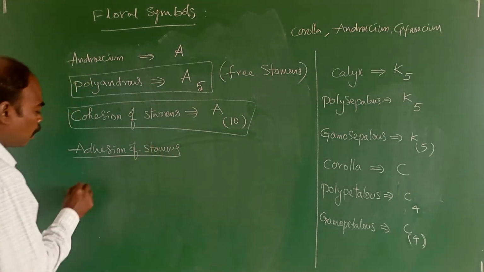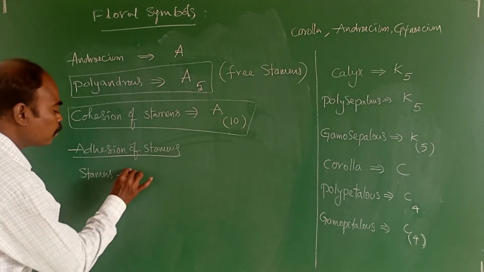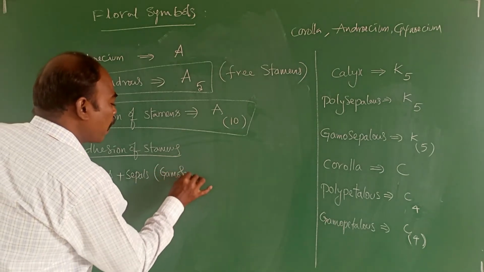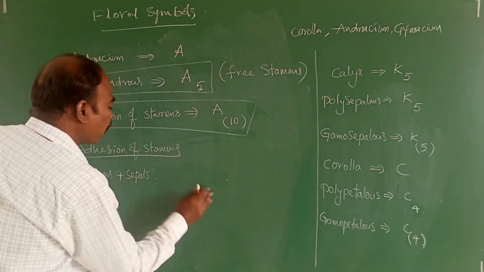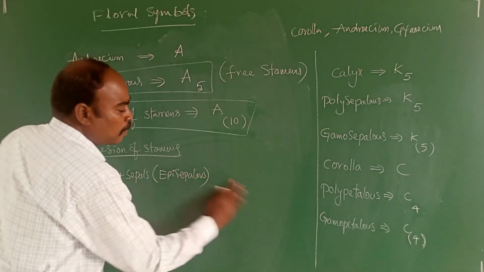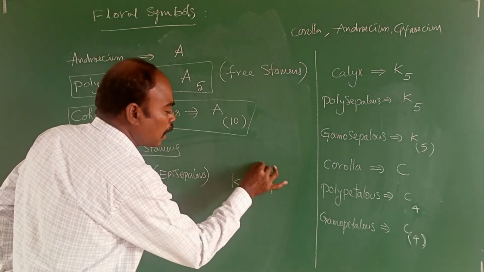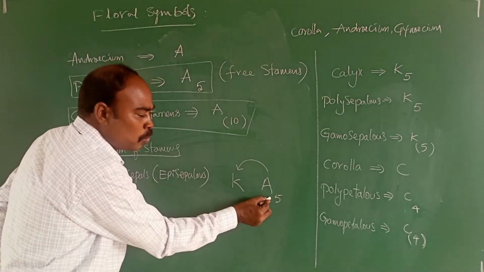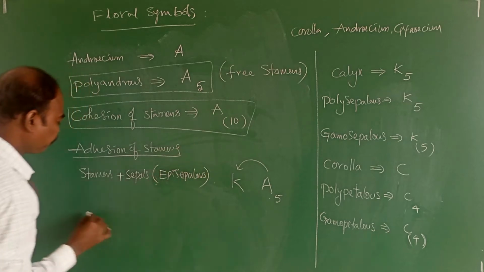So adhesion of stamens means the stamens attach with sepals. If the calyx is gamosepalous, the condition is episepalous: the androecium is attached with the calyx, K. Five stamens joined with their sepals is episepalous, shown with an arrow mark.